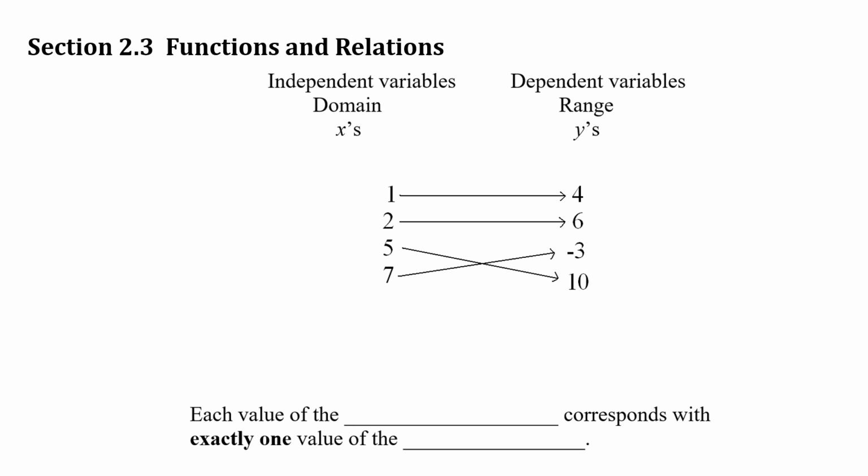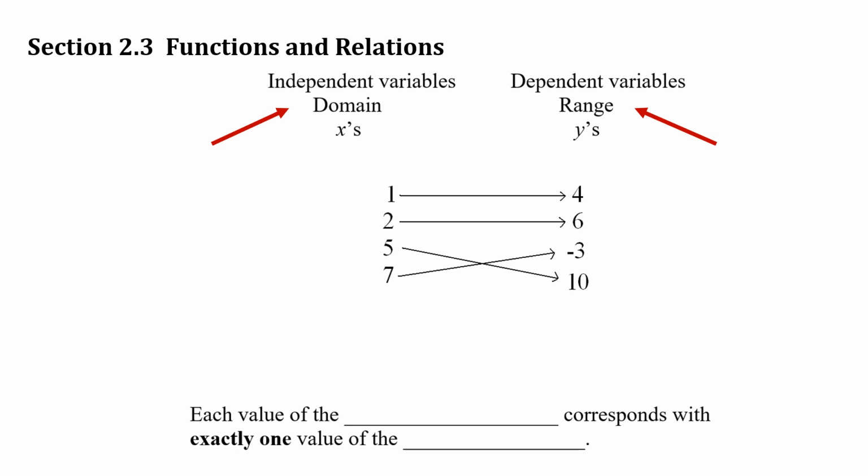Let's try to make this more clear. A function's a rule where I say a number and you say a number. So the number I say is in the domain. So I say 1, you say 4. I say 2, you say 6. I say 5, you say 10. So no matter what I say, for sure you know what you have to say. The independent variables, that's the domain.